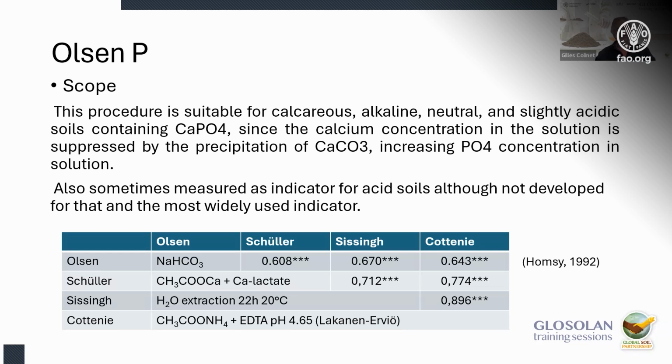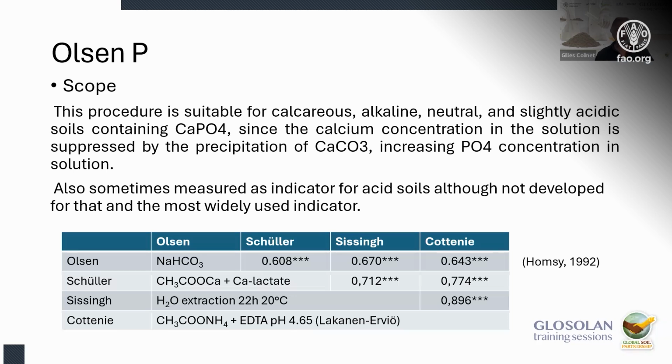But often you will find publications in the literature that use Olsen P in other contexts, with more acidic soils. And it is, I think, the most widely used indicator of available phosphorus.